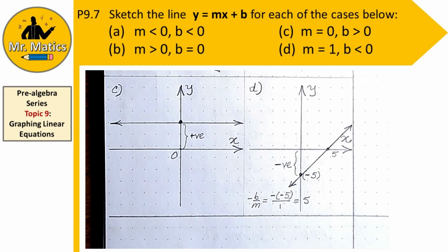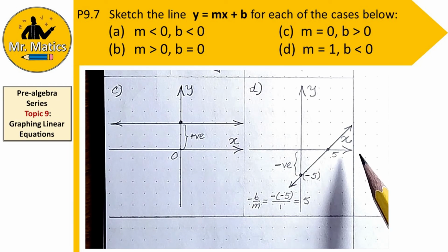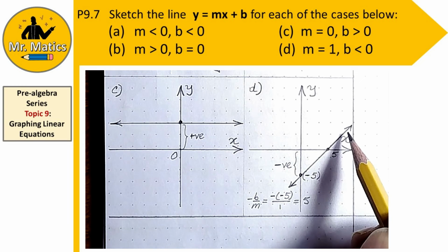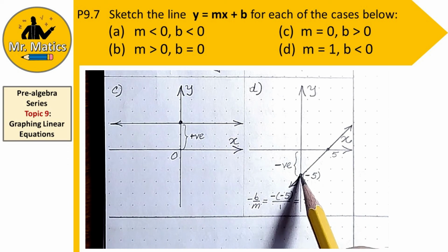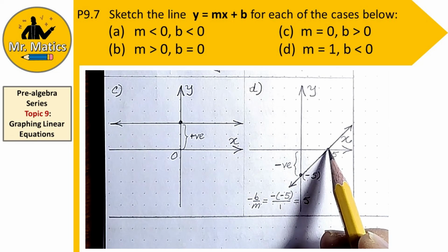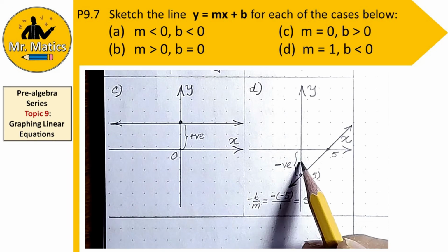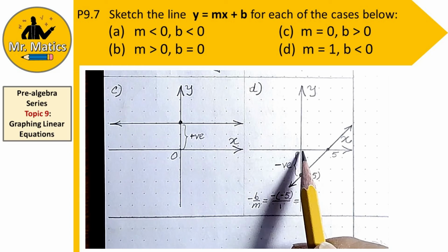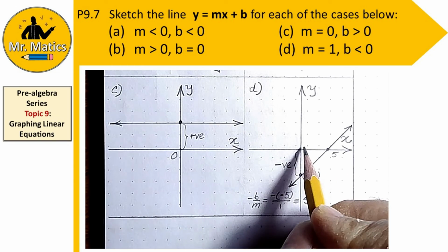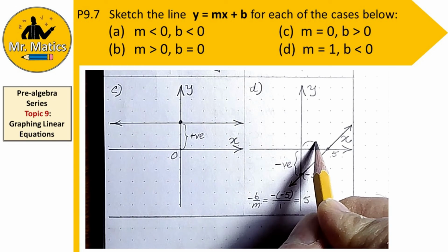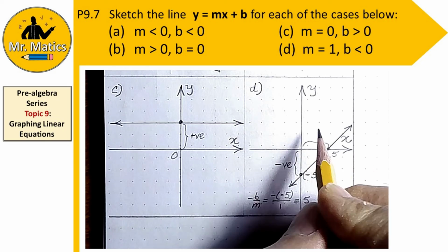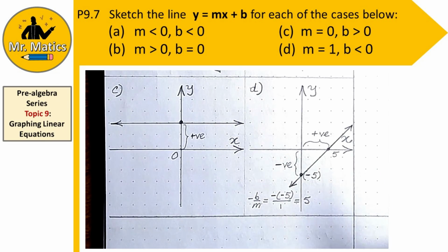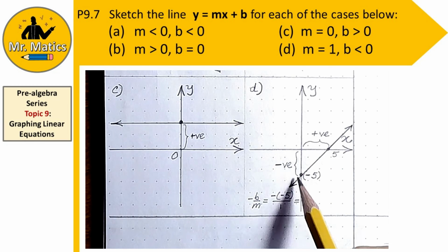So whenever value of m is 1, it means that the amount of rise you're going to get, if you go from here to here, let's say, the amount of rise is this much. Same amount of run you're going to get because m is equal to 1. So rise is equal to run. So this is your rise and run.